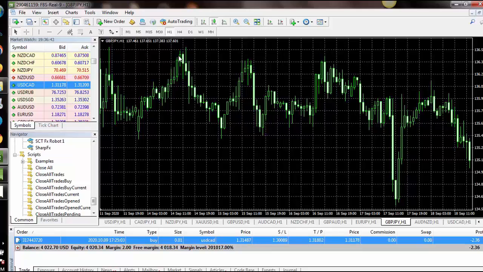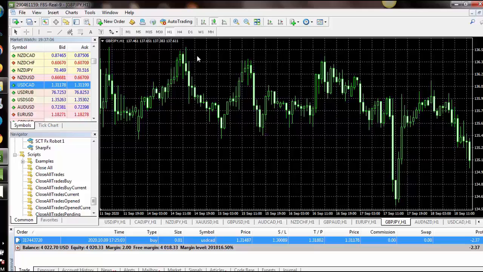So these are the three major trends that we have in the Forex market. When we are talking about resistance, these are points where the market, in an upward trend, starts coming down.